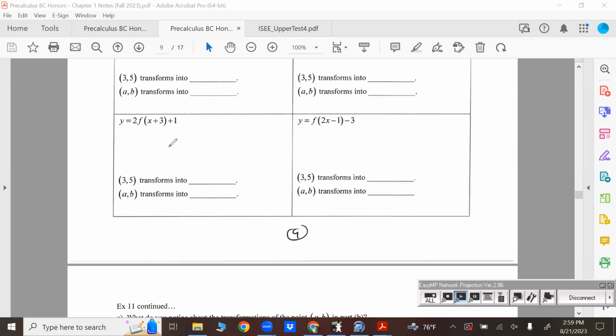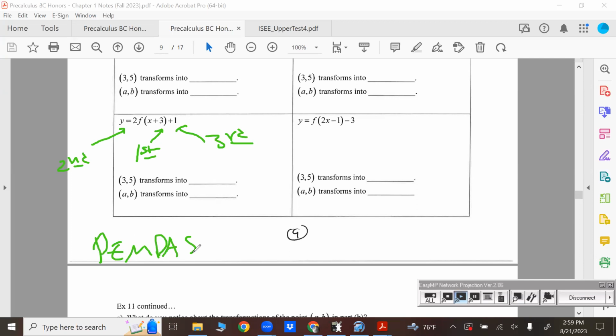So you're going to want to do this first. You're going to want to do this second. You're going to want to do that third. It's all about PEMDAS. So what does that first thing do?